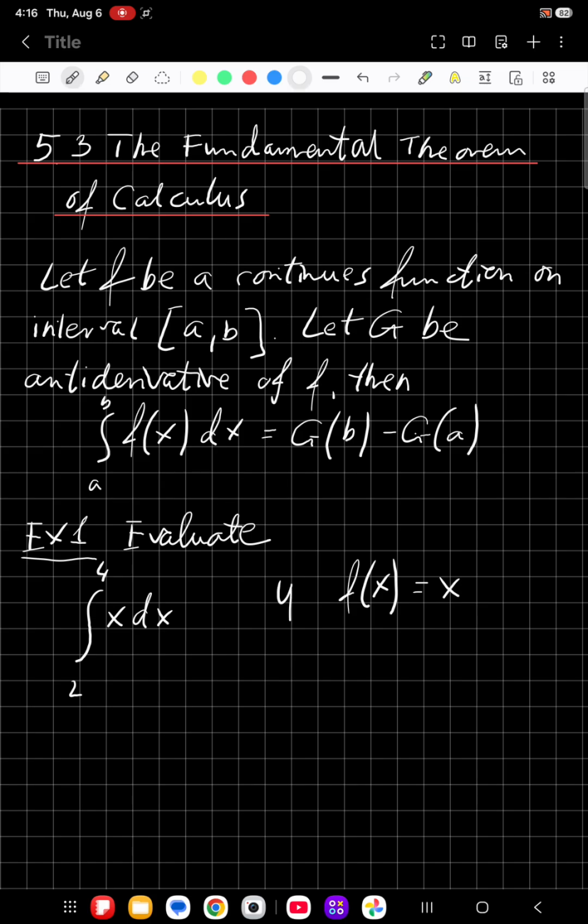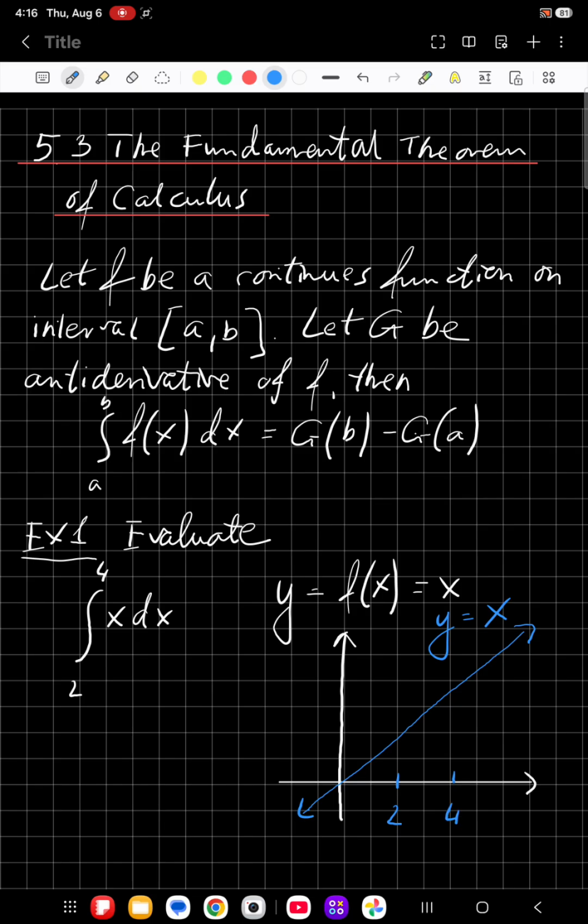So it's just y equals x. It's just a straight diagonal line. Okay, so here it is. So this is y equals x. And then this is 2, 4.